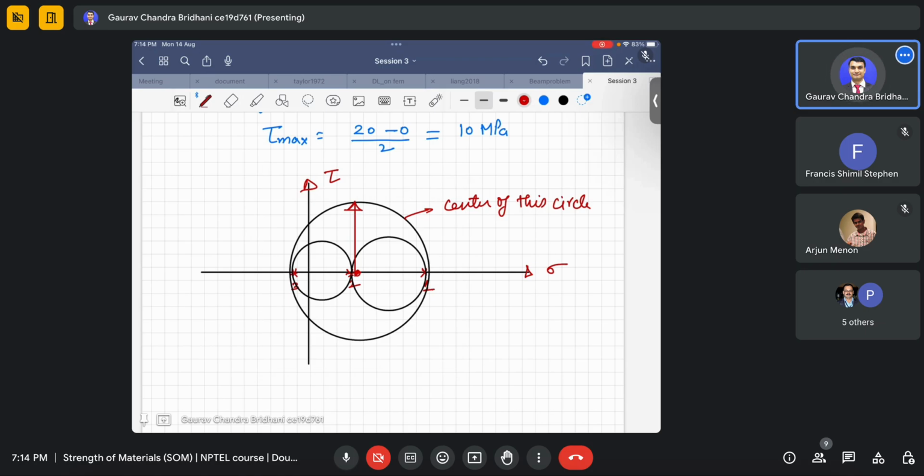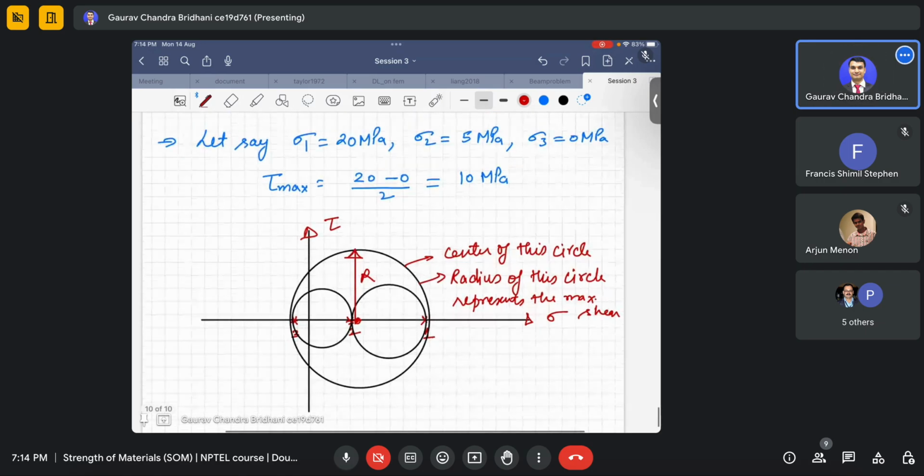The radius of this circle represents the maximum shear. Okay, so this circle radius represents maximum shear. Okay, so that is important. So that's why we have sigma 1 minus sigma 3.